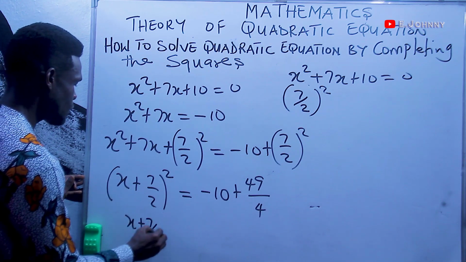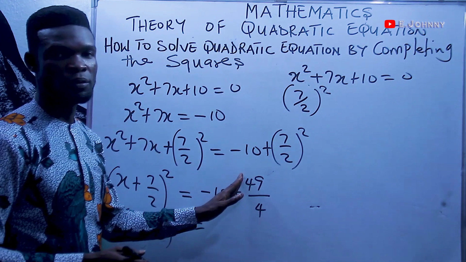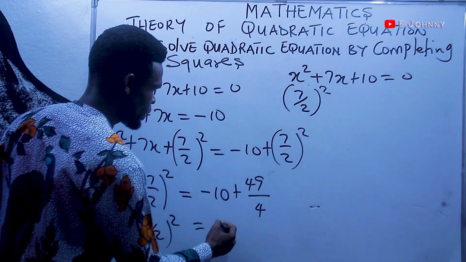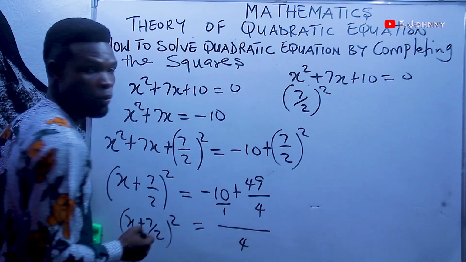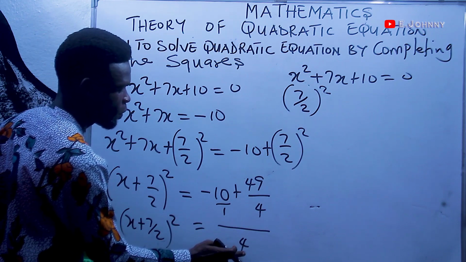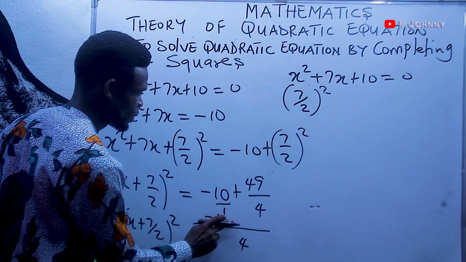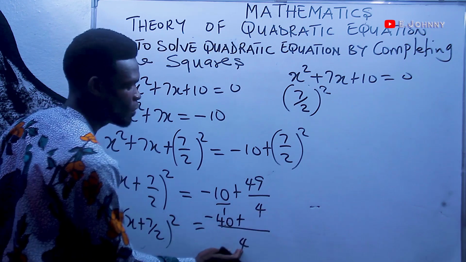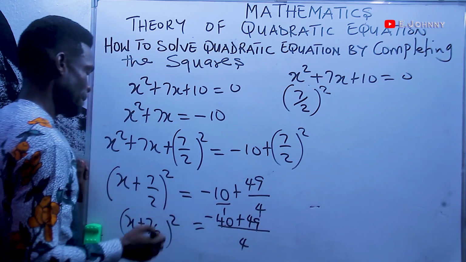So x plus 7/2 all squared equals, now this is a fraction, so we're going to deal with this fraction. You find the LCM. The LCM is 4. Now this is over 1, this is over 4. 1 goes into 4, 4 times minus 10 is minus 40, plus 4 goes into 4, 1 times 49, 49.